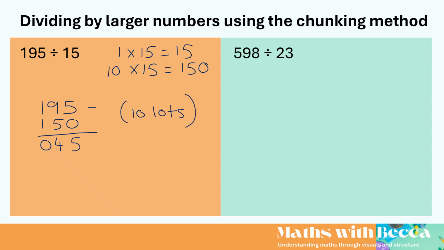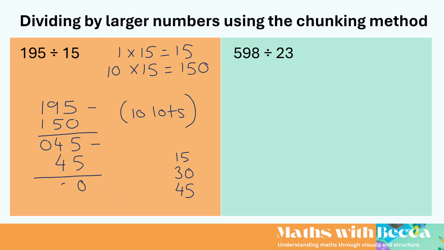So let's see how many 15s I can get into 45. So 1 times 15 is 15. Let's just write a little list here. If I add another 15 onto that, I would get 30. If I add another 15 onto that, I'm going to get 45. So I'm going to take away that 45.